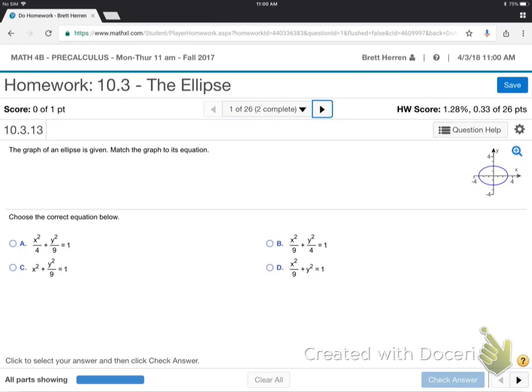All right, so egg shapes. The name of the game is always the format of the equation. That's what we're always doing in this chapter. For parabolas, it was y squared is plus or minus 4ax, or x squared is plus or minus 4ay. Remember how we always tried to give the parabolas that look?